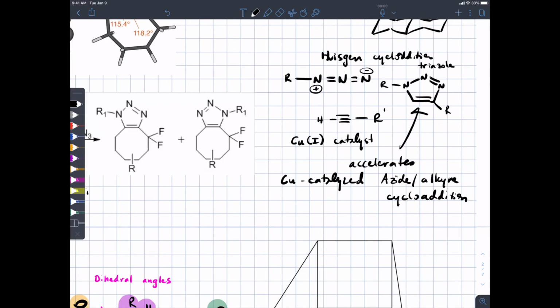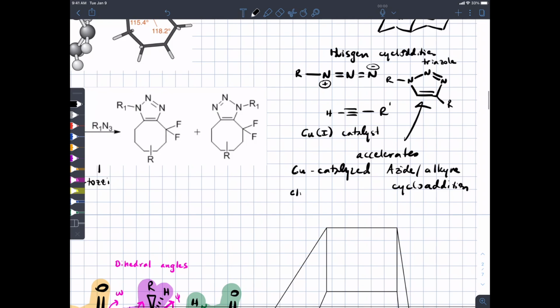That's a word in chemistry for reactions that are efficient and proceed without interference from other biological functional groups. We call them bio-orthogonal reactions. Sometimes people call this the click reaction.